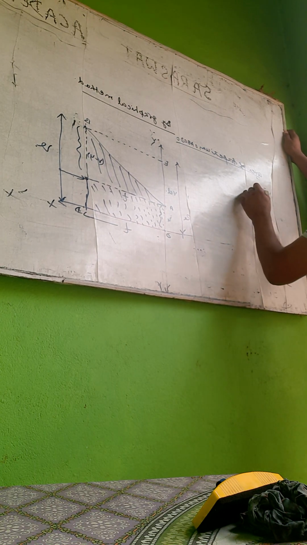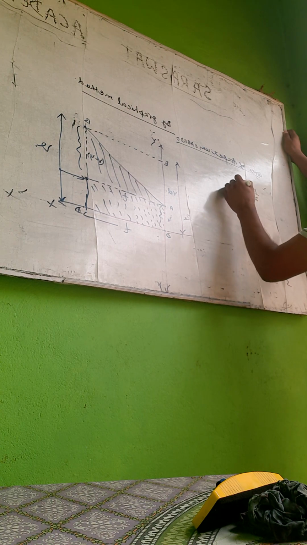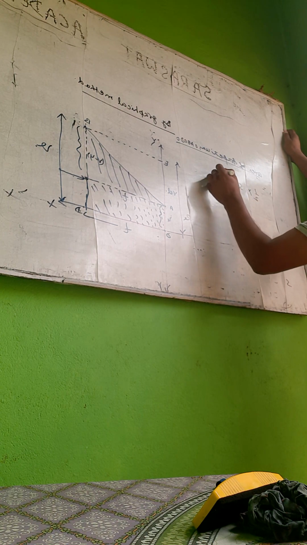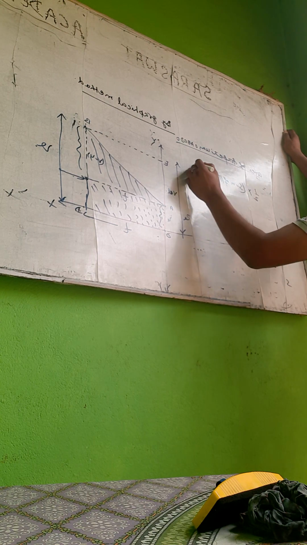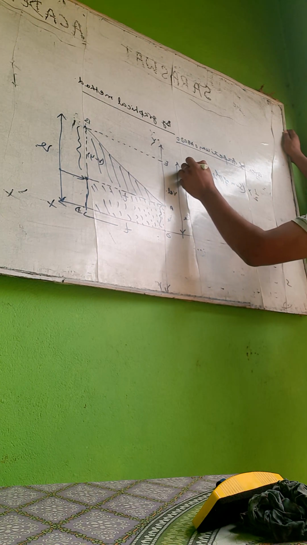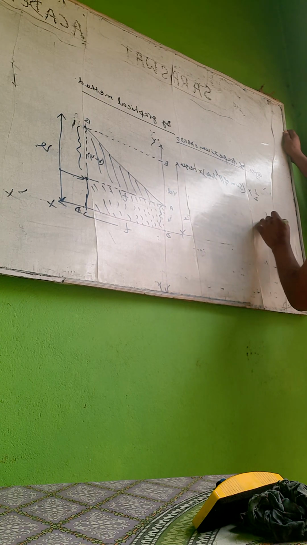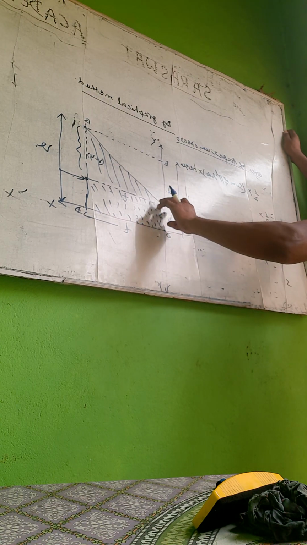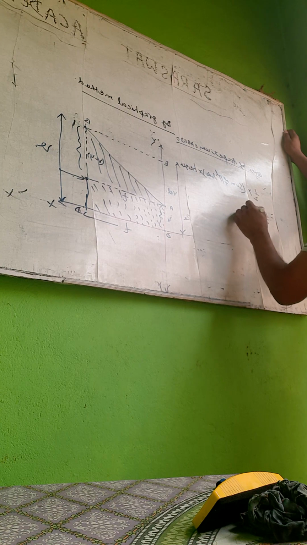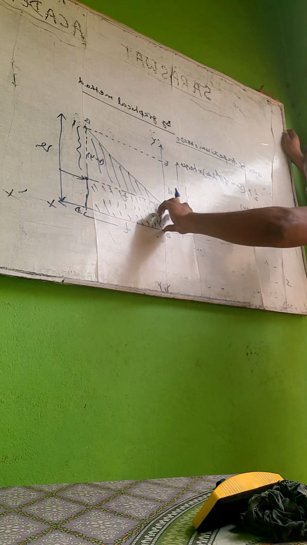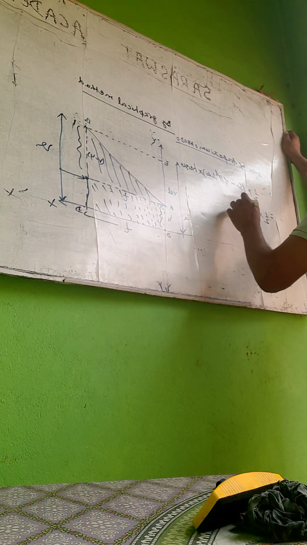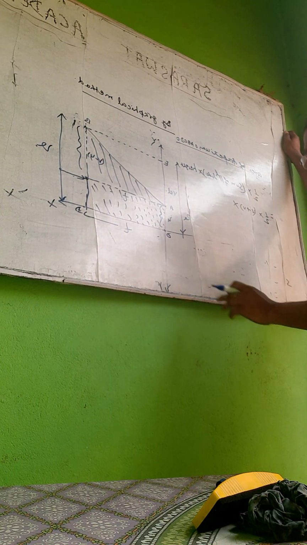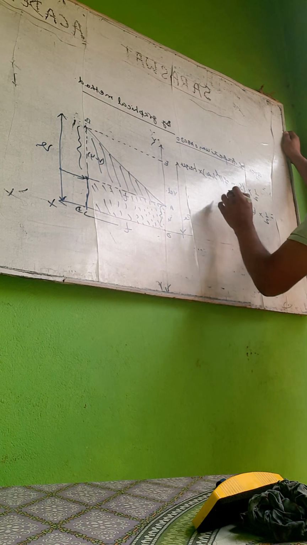Half into the sum of parallel sides into height. Half into the sum of parallel sides, which is u plus v. Here u is AO and v is BD, into height. Here the height is t.